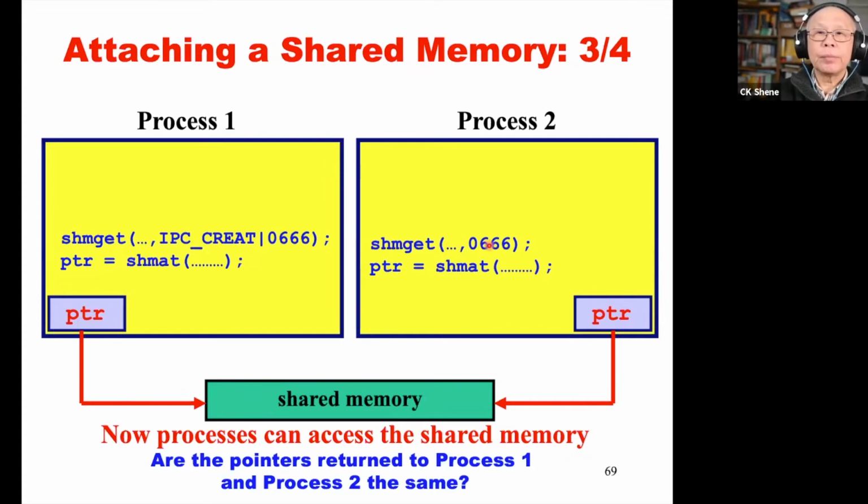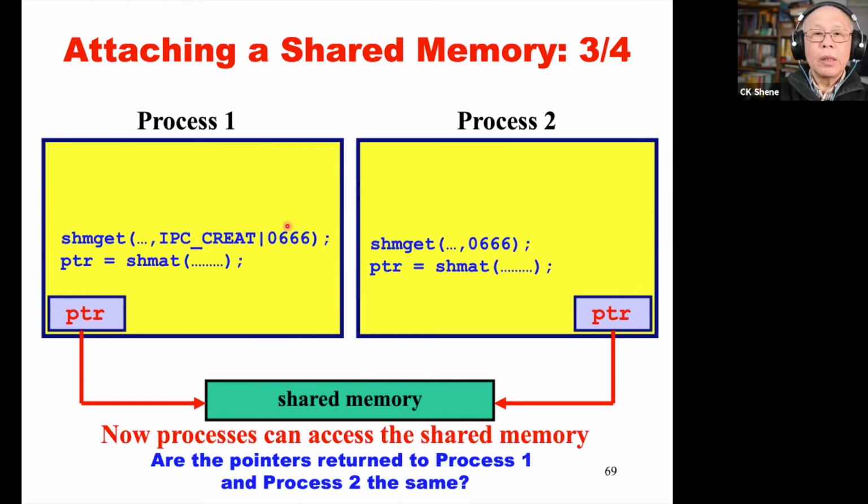0666 here. Now, you see why the use of current directory becomes so crucial. Assuming that the binaries for process 1 and process 2 are run from the same current directory, the directory would be the same.